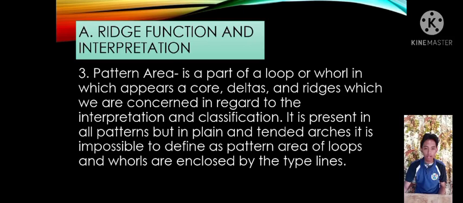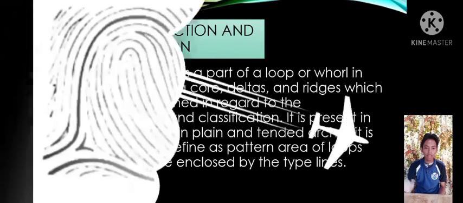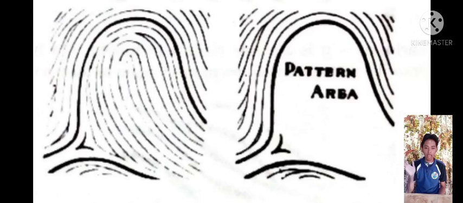It is present in all patterns, but in plain and tented arches it is impossible to define a pattern area. Loops and whorls are enclosed by the type lines. So this is the type lines, kanang naay murag circle diha sa center na part sa inyong fingerprint, is a pattern area.